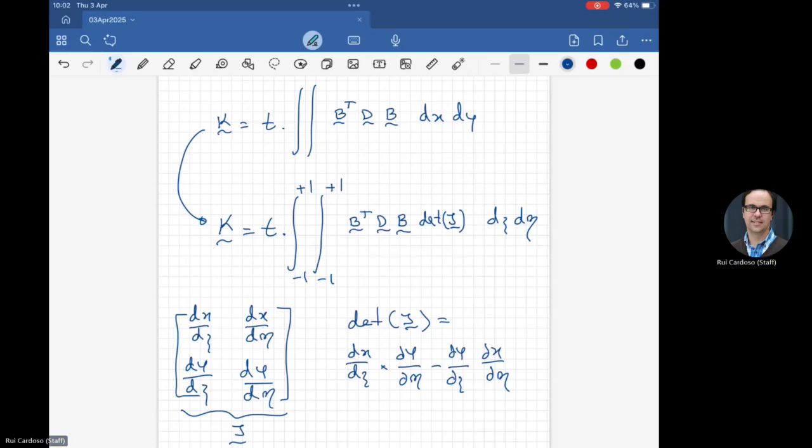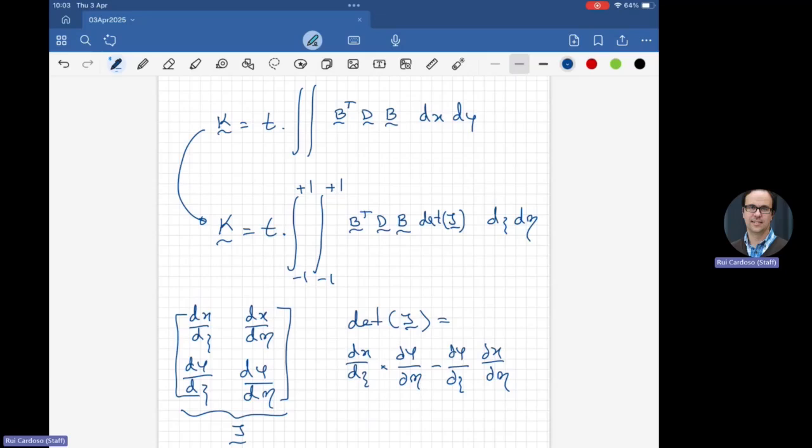Now, we are not going to do this analytical integral, okay? The reason is, if you want to do the analytical integral of this thing, you have this B^T D B and determinant of J, which can be very complex to integrate analytically.